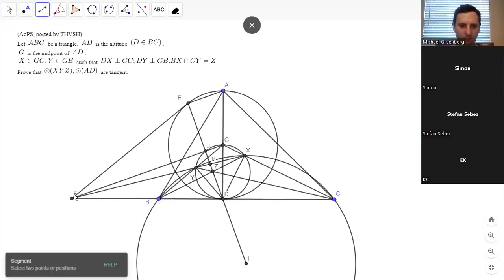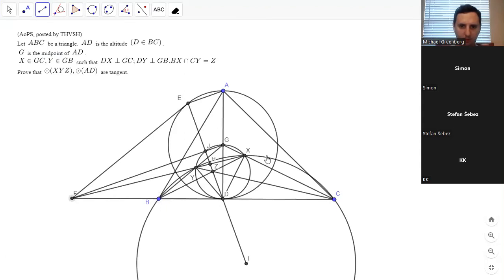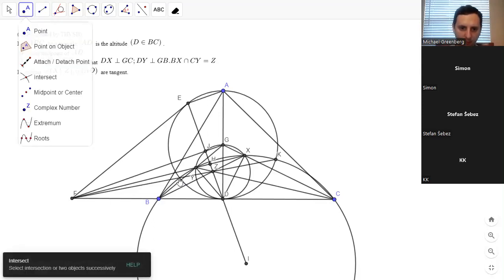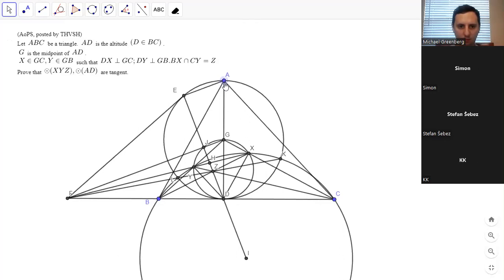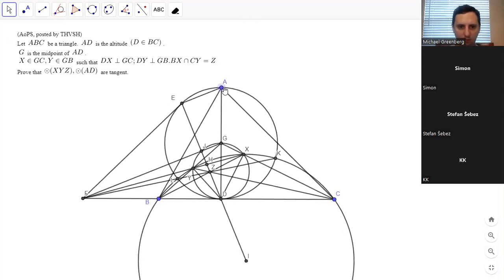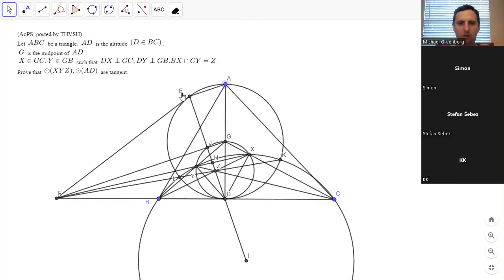Yeah, F lies on the radical axis of these two circles. And it looks like Z also lies on that. I have found that it is actually not hard to prove that the circle ADE stays the same under the inversion.